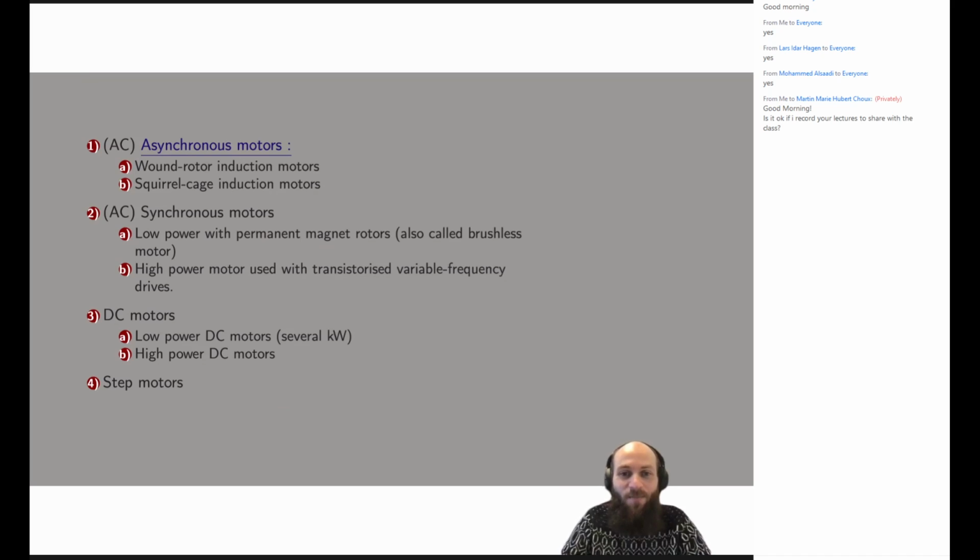We can have a low power DC motor and also a high power DC motor. And the last category is step motors, which have quite low power, but they can be very compact and can be used mostly for positioning applications.